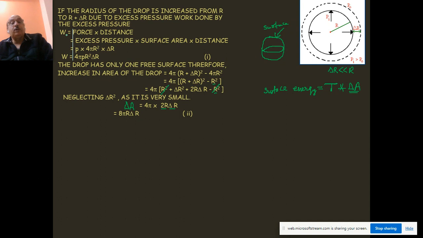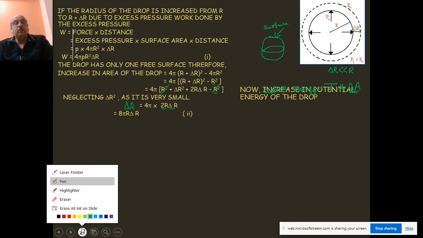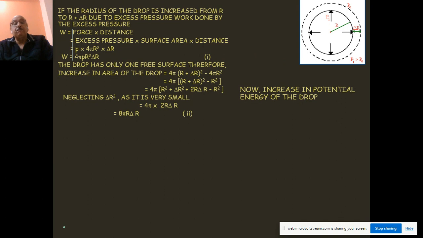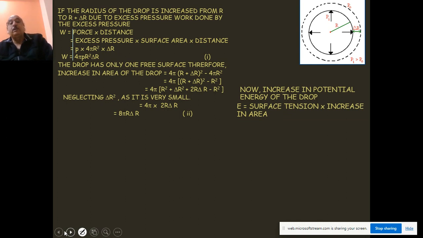So because of this work done, there will be a change in energy of the liquid drop, and this energy will be stored in the form of potential energy, right? We will use this formula: the surface energy is equal to surface tension into change in area.